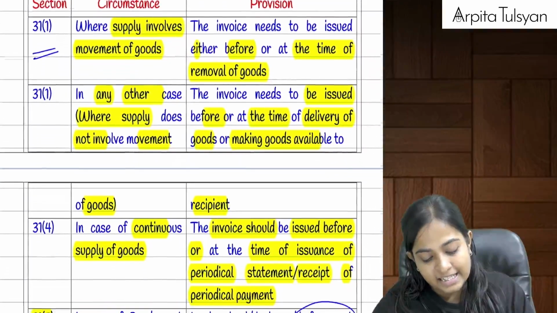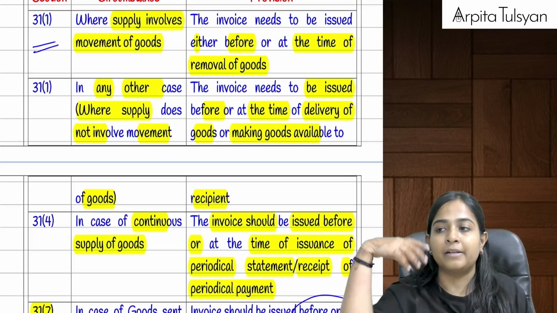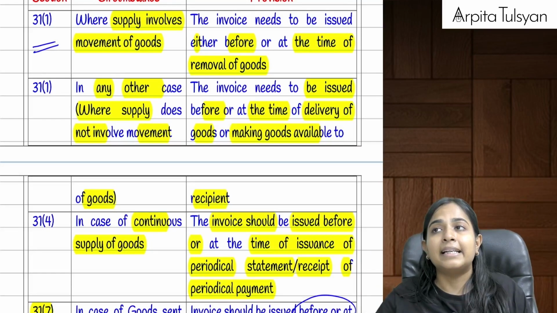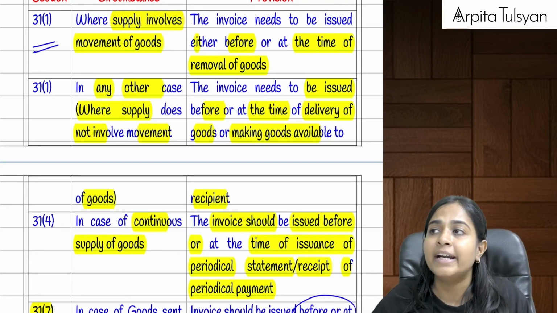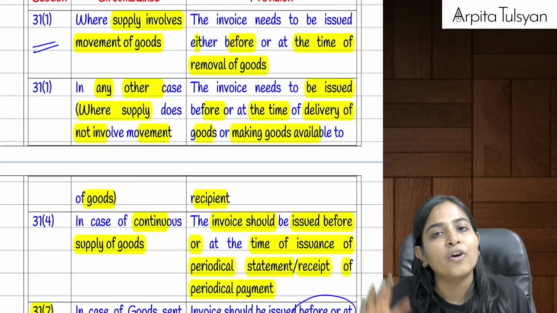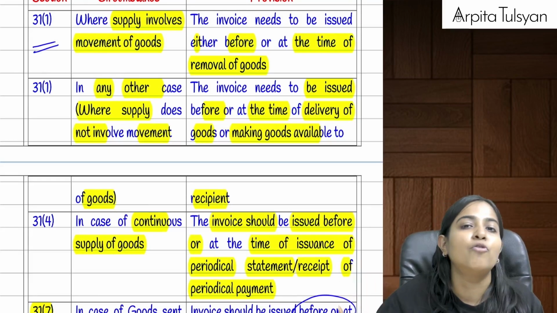Now let's say in any other case where the supply does not involve movement of goods. We took an example in the full batch also: let's say I had given you an AC on rent that is already installed in your premises. I visit your premises and tell you, okay fine, I am selling it to you. Can we say there is no movement of goods involved?